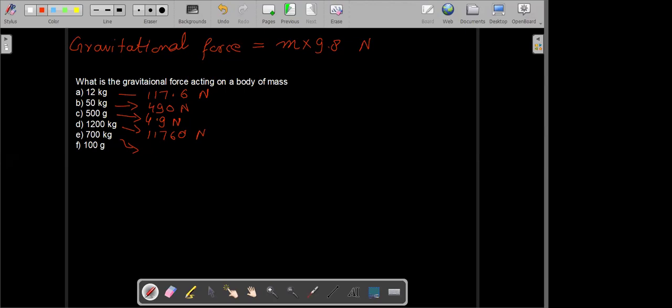So is the answer 6860.0? 700 times 9.8. 6860. Yes, is it 68600? 6860 Newton. For the last one, can I tell, sir? Yes, Gagana. 0.98 Newton. Yeah, it's 0.98 Newton.